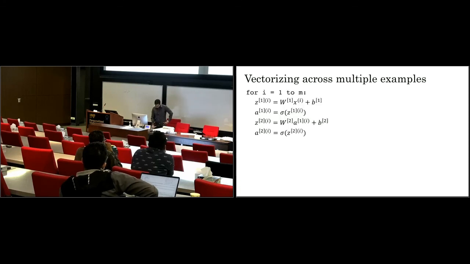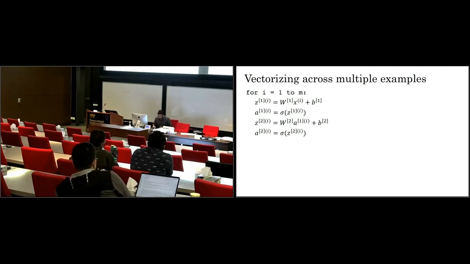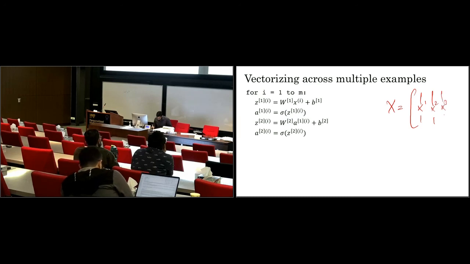So this is what we do without vectorization. You just have a for loop, and we say rather than having a for loop, do this. Take a big matrix X, where you have X1, X2, X3 up till Xm, and then in order to find Z1, you can just do this W times X plus B, right?